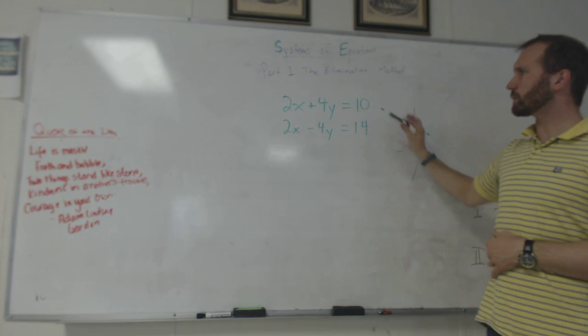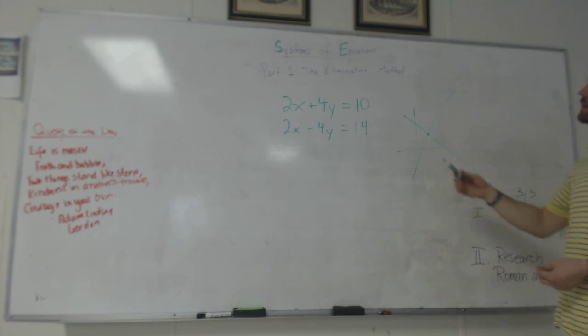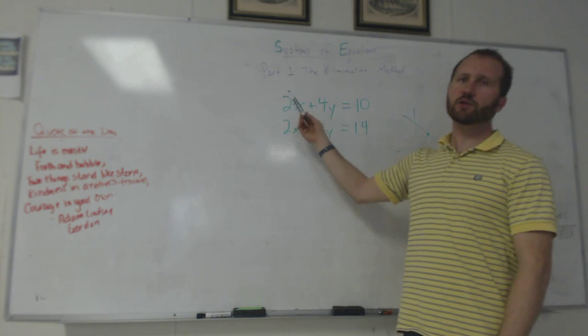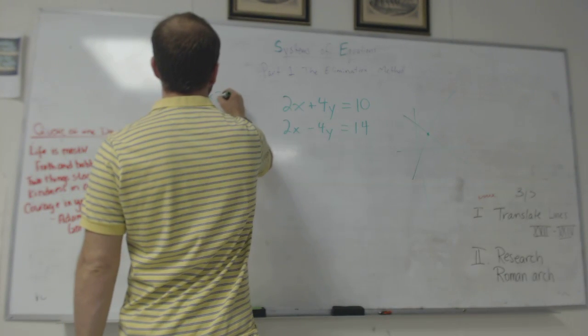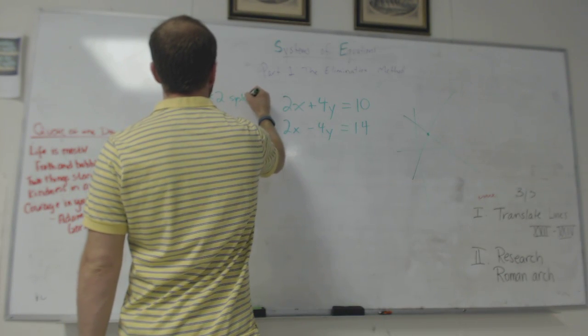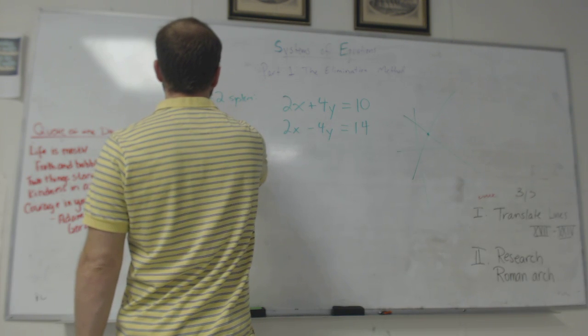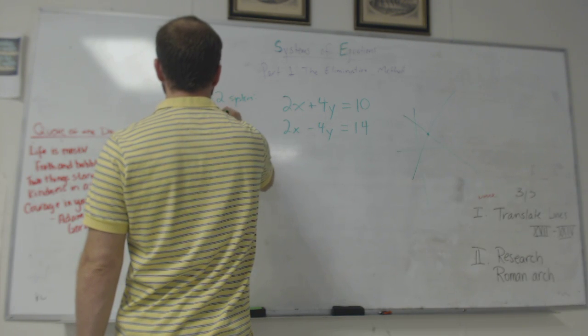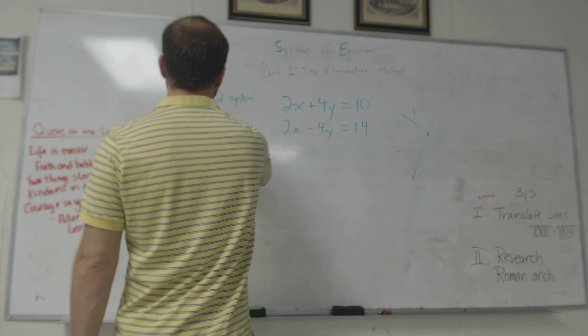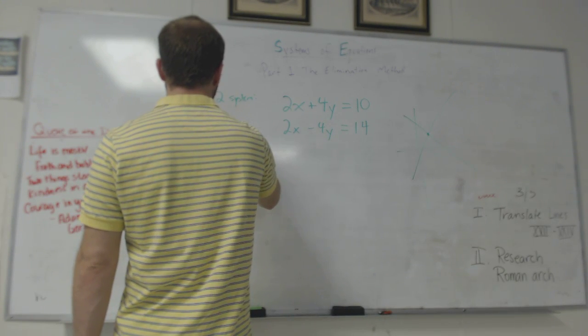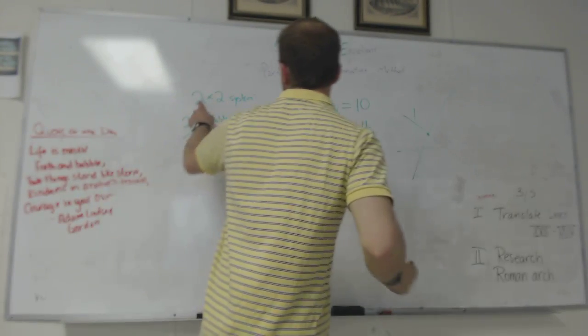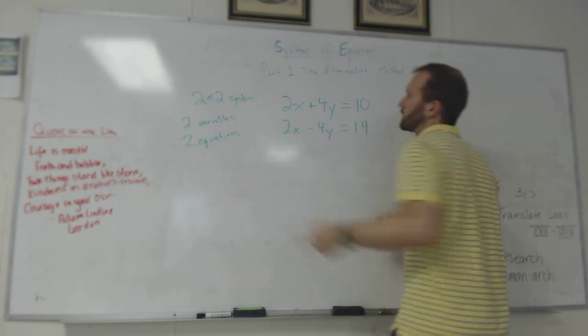Okay, so let's solve this one. This is called a 2x2 system. The reason it's called that is we have two variables and we have two equations. Two variables by two equations.